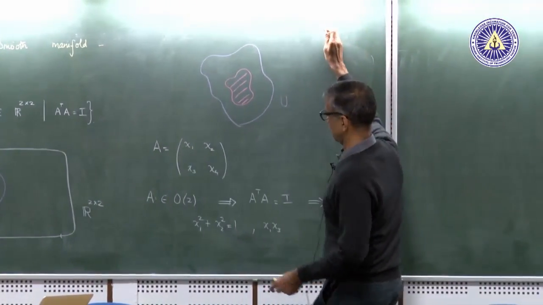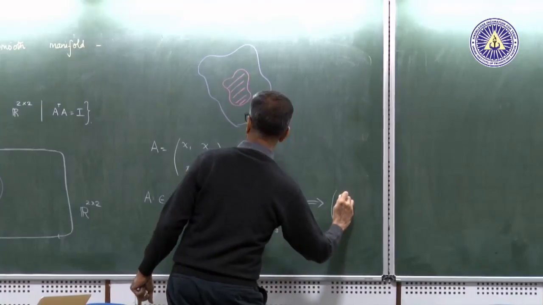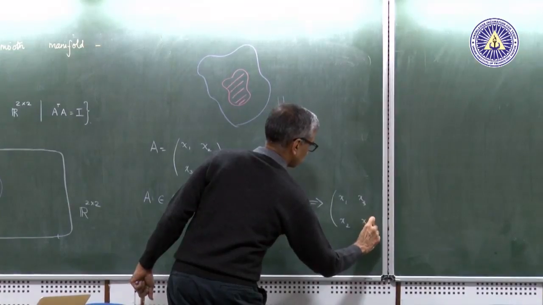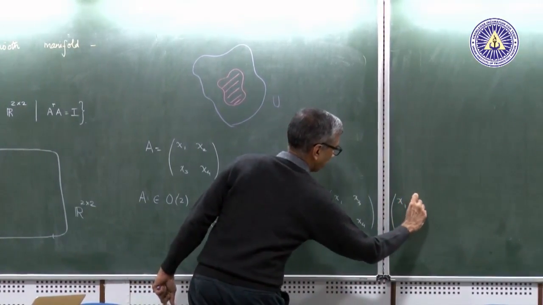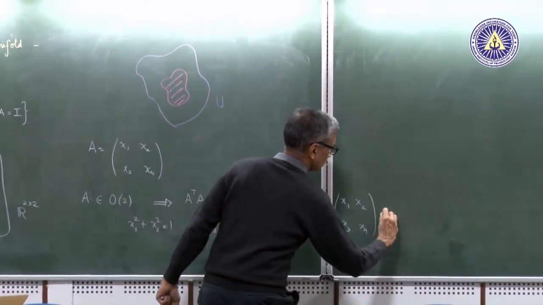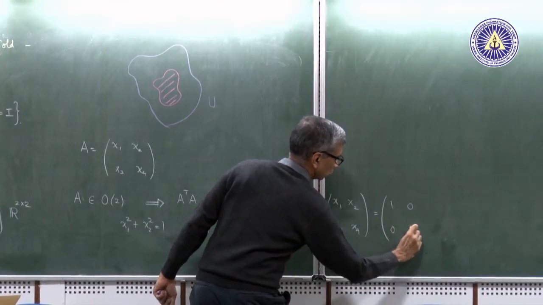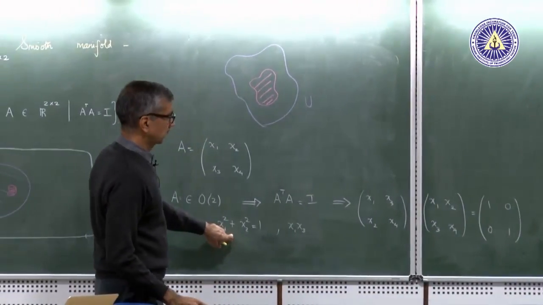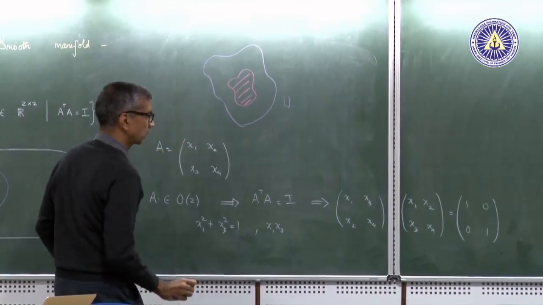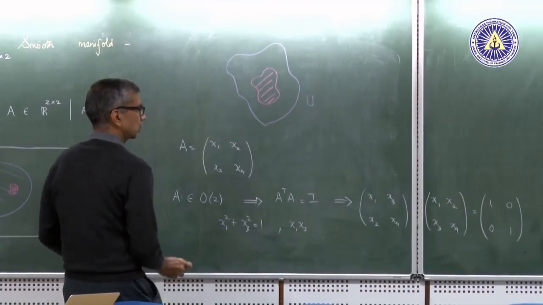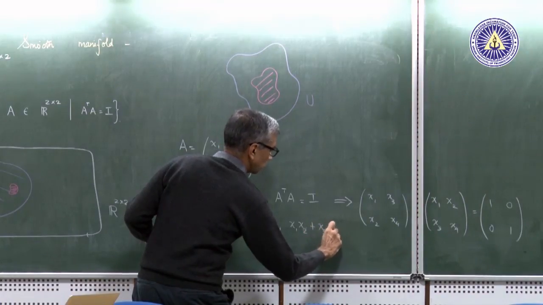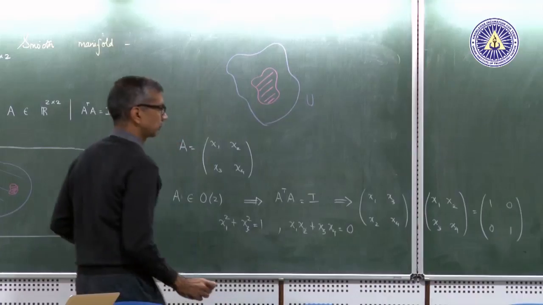Okay, so A transpose A is identity means this. So, therefore, that means x1 squared plus x3 squared is 1, right? Then x1 x2 plus x3 x4 is 0.